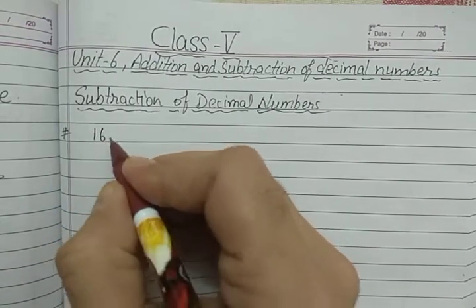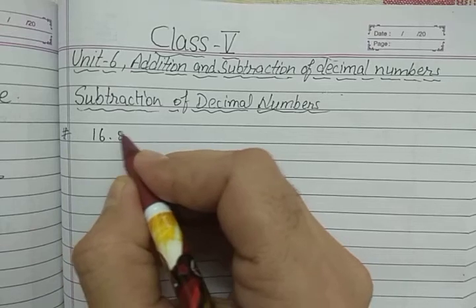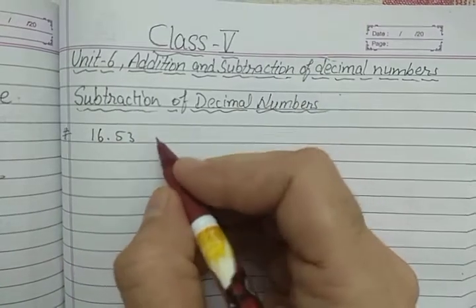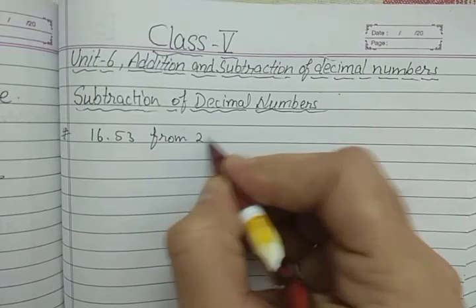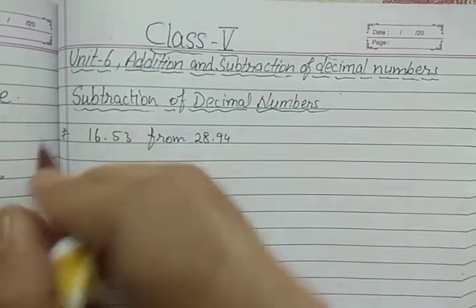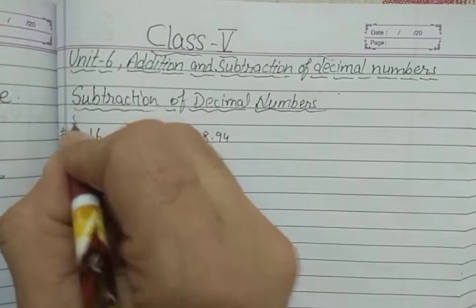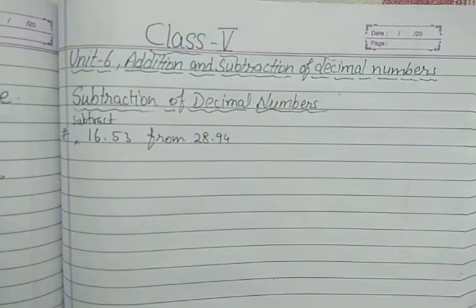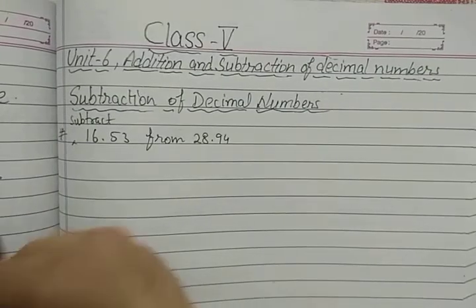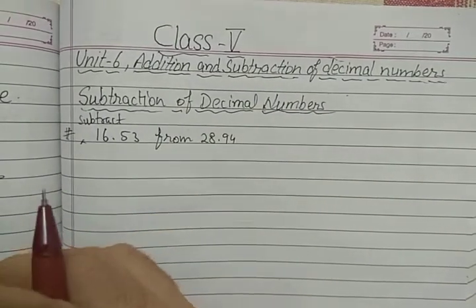So let us take 16.53 from 28.94. So we have to subtract 16.53 from 28.94. How do we subtract?